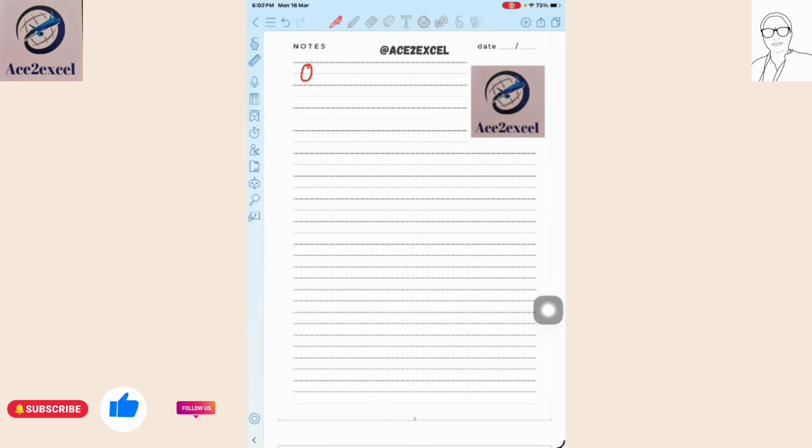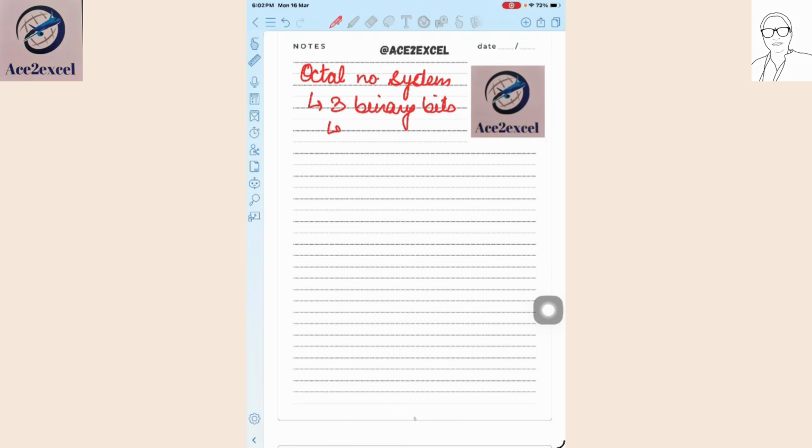Now we'll start with the octal number system. When I say octal number system, it uses 3 binary bits to represent one decimal number. Let us say 1, we'll represent it using 001, 2 as 010.